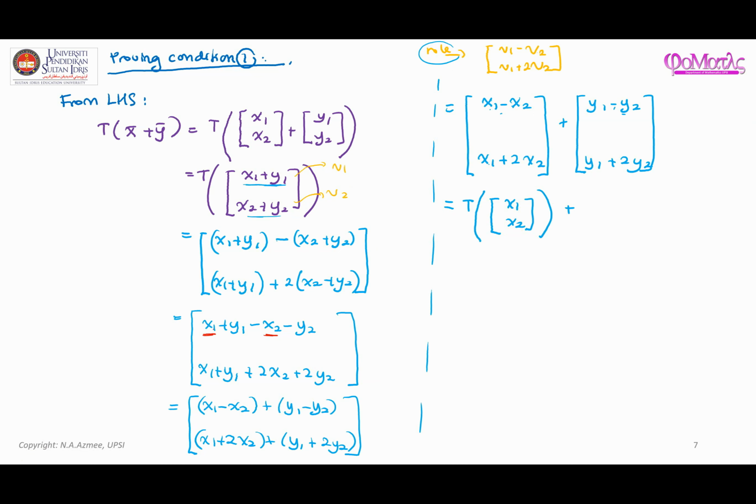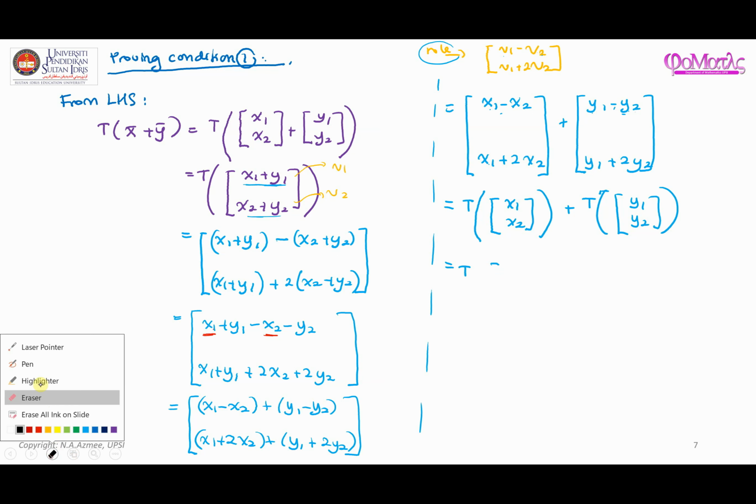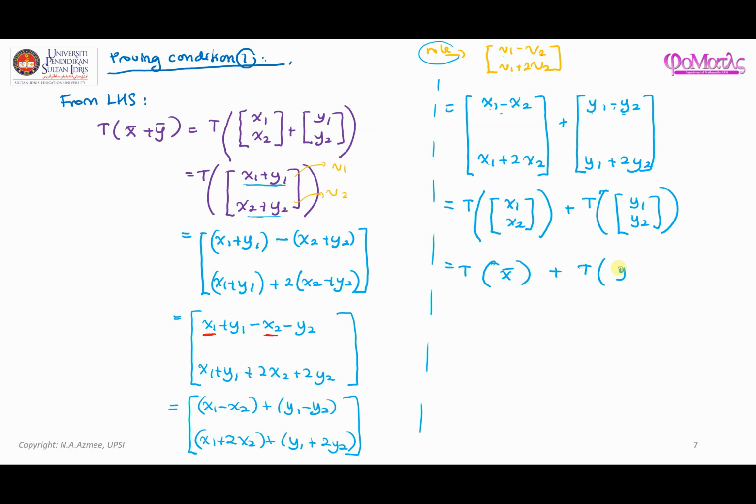Similarly for this one, you can see it looks similar to the rule given here, y1 minus y2, v1 minus v2. Yes, y1 plus 2y2, v1 plus 2v2. So we know that this must be y1 and y2, and we can simplify that further to just say this is T of vector x plus T of vector y.